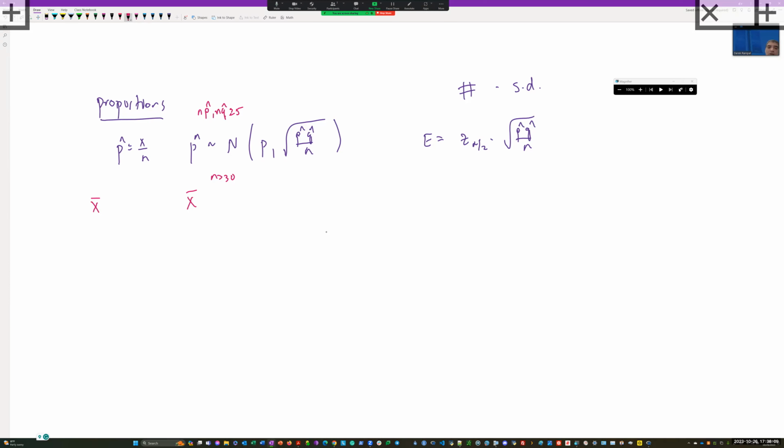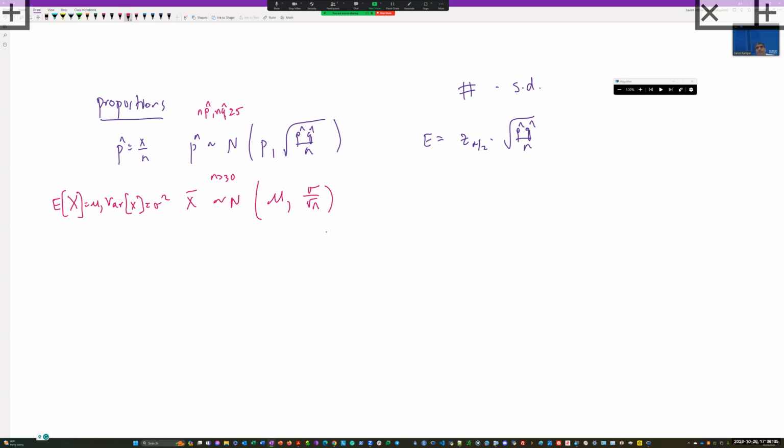When n is greater than 30, we can say that this is going to be normally distributed with some mean and some standard deviation, if x is coming from a normal distribution, or x has a mean and x has a variance.